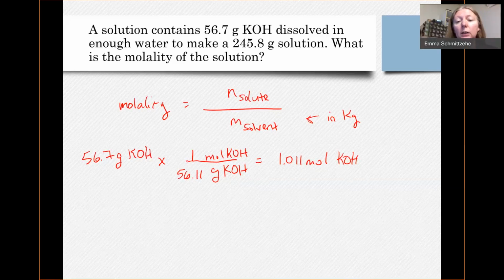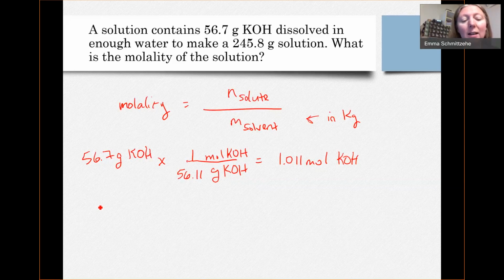Now we were given grams of solution. That's not solvent. You have to be very, very careful. You have solution and you have solute, and remember, solute plus solvent equals solution.